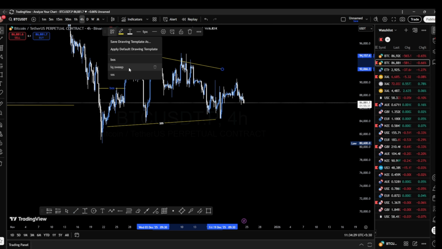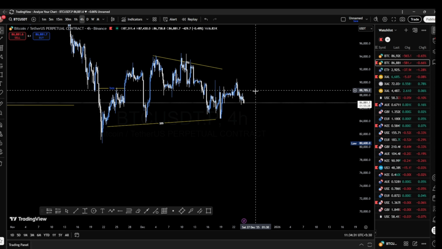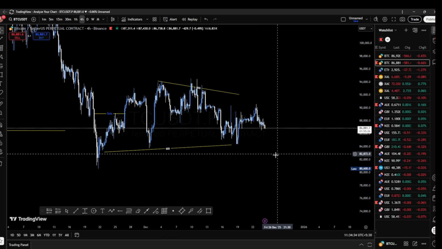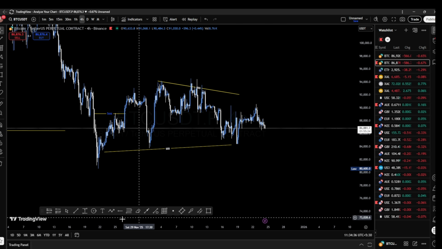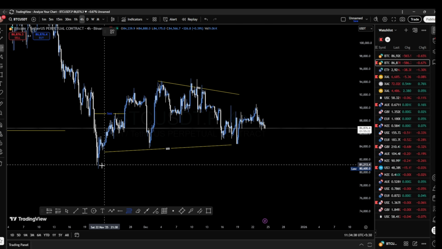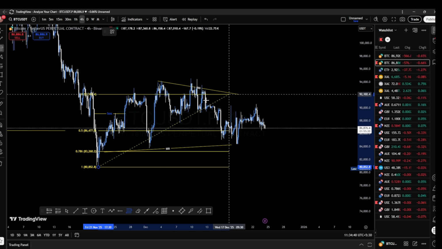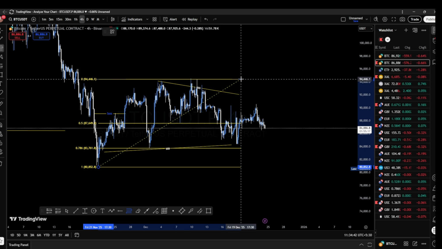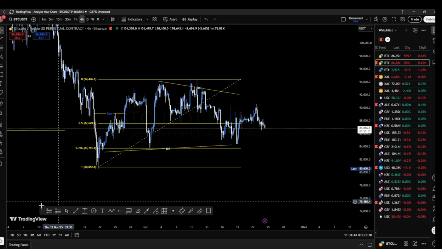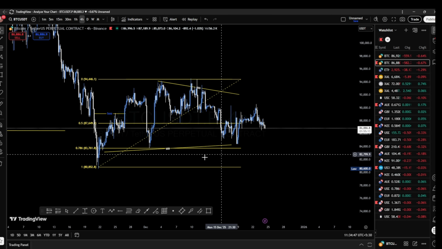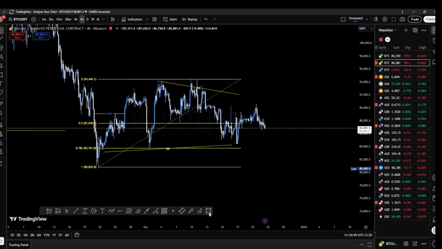I'm talking about the higher time frame. Okay, so after that, there is no demand zone, so I would place a fib retracement, okay, from the low to the highs. You have to do this like 0.78.